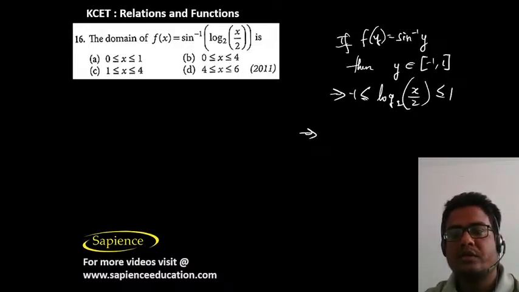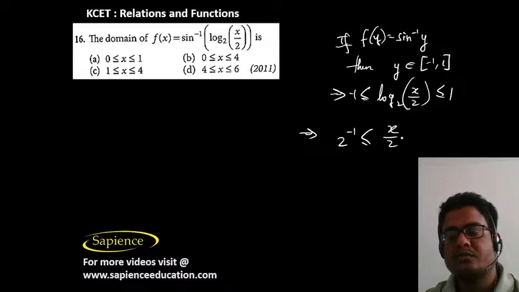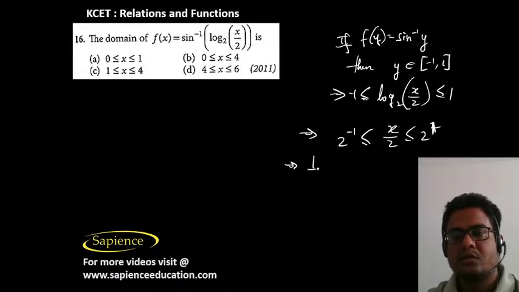If we raise to the power 2 on both sides, that will be 2 raised to minus 1, that is 1 by 2, less than or equal to x by 2, less than or equal to 2.